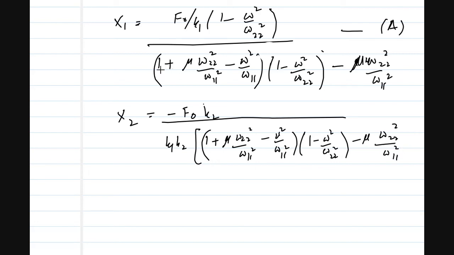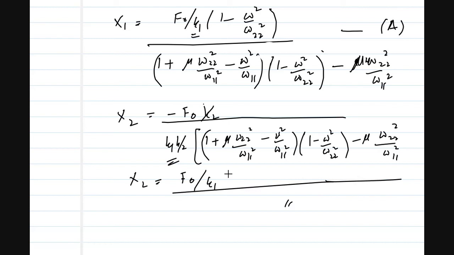Clear? If you remember, this k1 appears because we have cancelled out k1 and k2 from the numerator, just removing k. That's why I've written k1 k2 here. Don't confuse with the first, this is after simplification. Clear? So k2 is cancelled with this, you get x2 is equal to f naught over k1 divided by the same denominator. So these are the two expressions for x1 and x2.